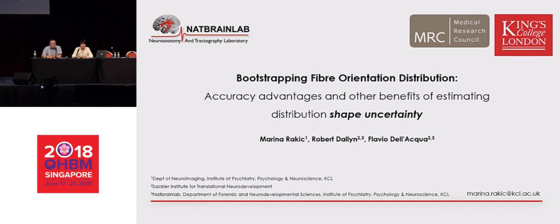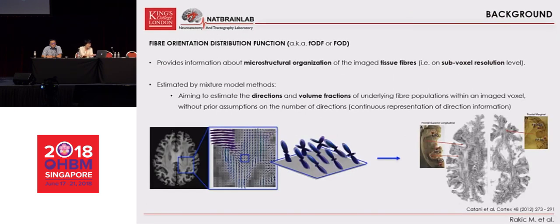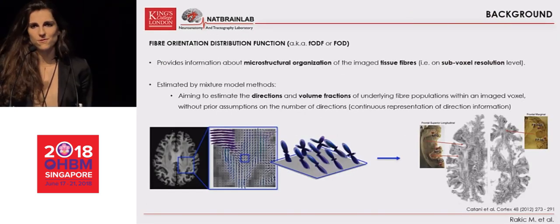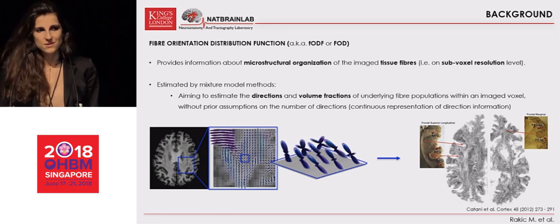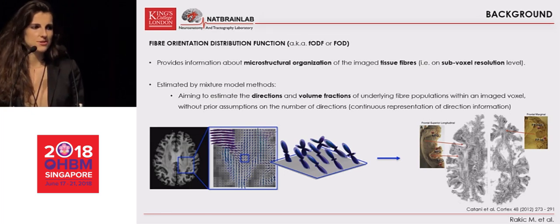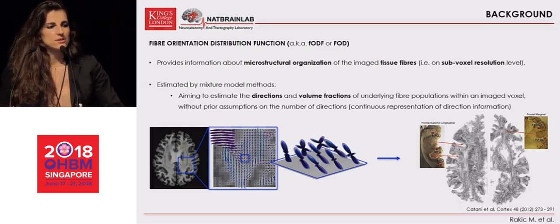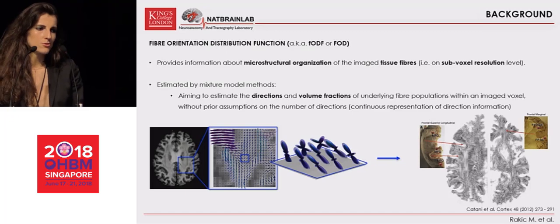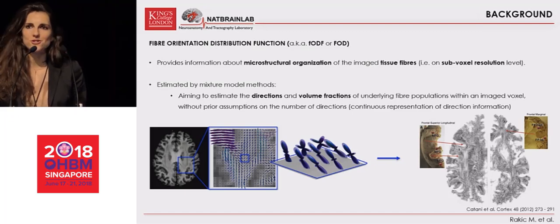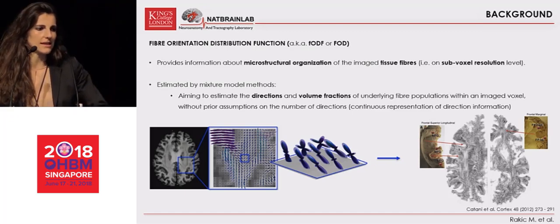And first of all, just to explain what fiber orientation distribution functions, or FODFs or FODs, as they're used interchangeably, actually mean. They are these little bow shapes or little butterfly shapes that one can get per voxel.